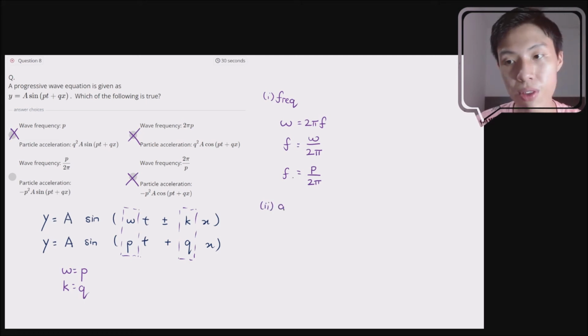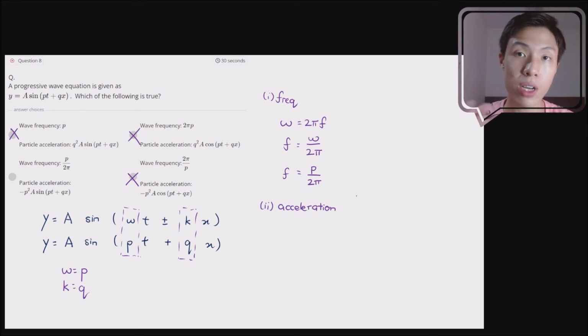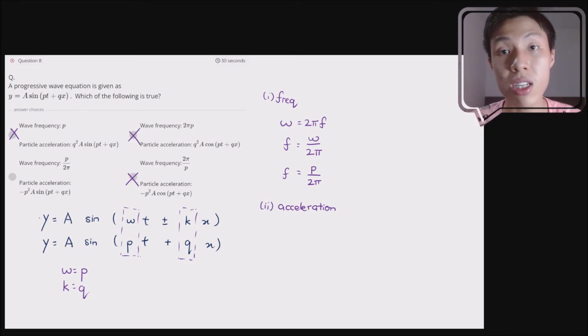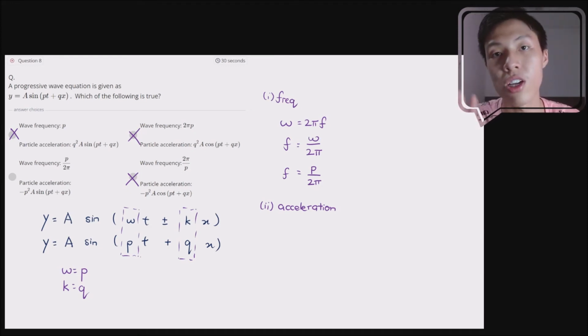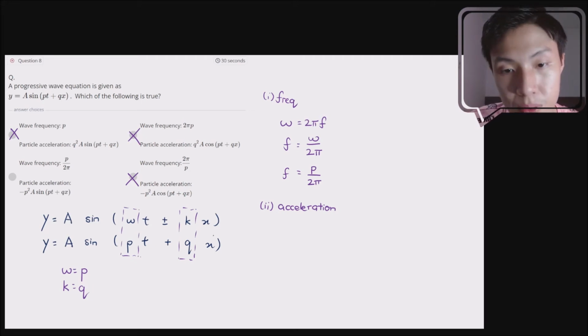If they ask for acceleration, you have to think of each of the particles in the wave as particles undergoing simple harmonic motion. If you want to determine the equation for acceleration, you take the displacement equation and differentiate to get the velocity equation. If you differentiate the velocity equation, you get the acceleration equation.